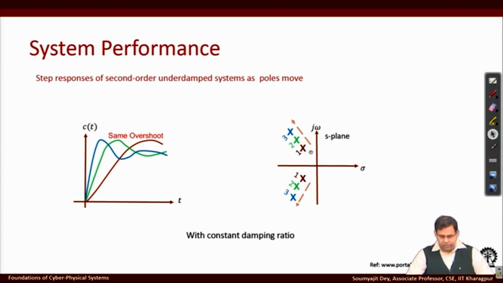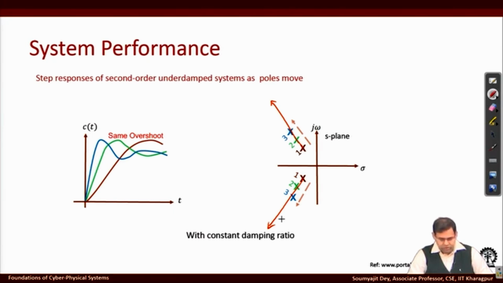And consider this: let's say you are moving along the diagonal. That means you are changing both of these values together. The real part and imaginary part are both increasing proportionately. So in that case your poles are migrating like this. In this case what you expect is that the damping should increase and the oscillations should also increase.